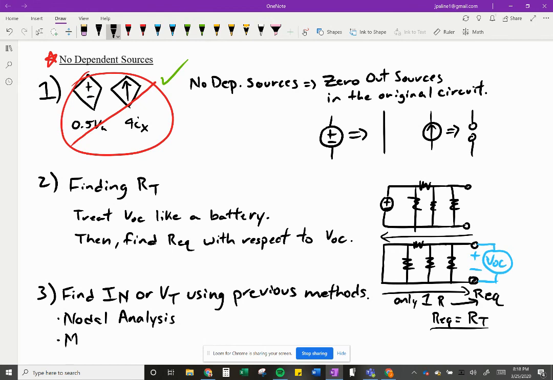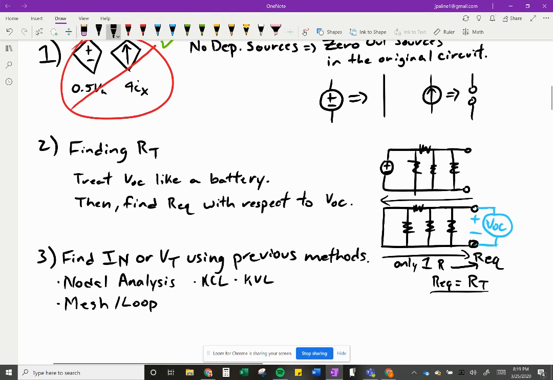You really don't see mesh loop very often, but mesh loop can be in there, KCL, KVL, just regular old Ohm's law, current division, voltage division.